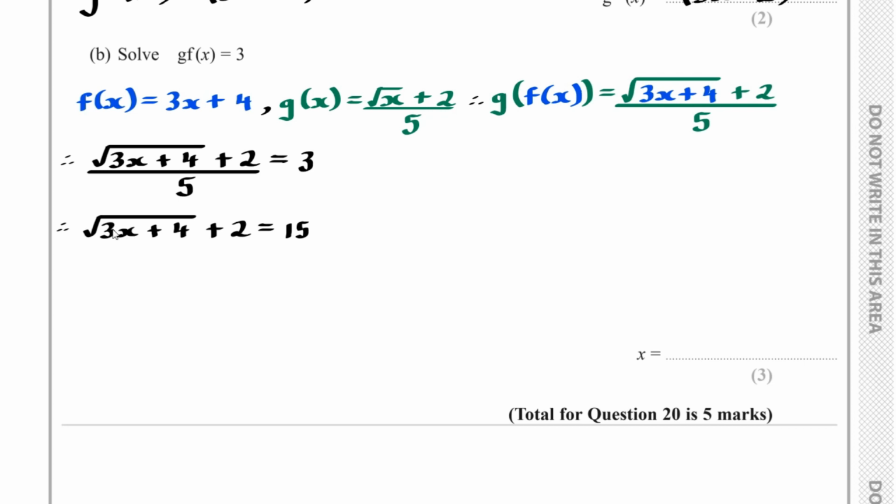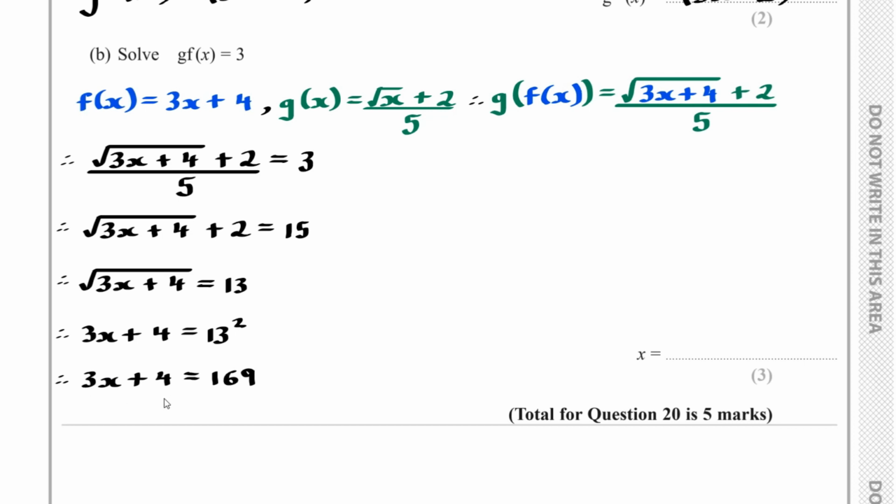Multiplying through by 5, I've got square root of 3x plus 4 plus 2 equals 15. So square root of 3x plus 4 equals 13. So 3x plus 4 equals 13 squared. 3x plus 4 is equal to 169. So 3x is equal to 165, in which case x is 55.